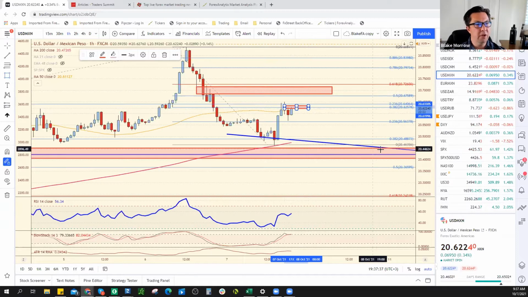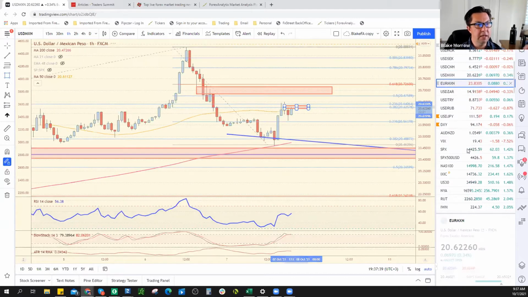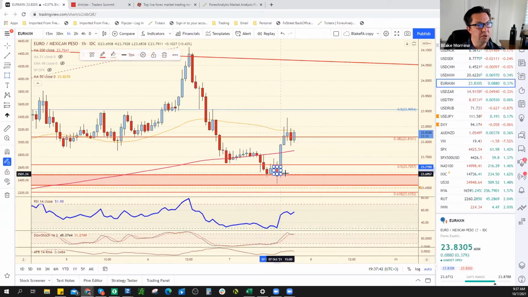So I took a little bit of a loss there, but I also picked up the Euro Mexican peso down here. 23.73 is my average. Oh, I guess I picked it up here. I thought my average was lower than that. But anyway, I picked up some Euro Mex.